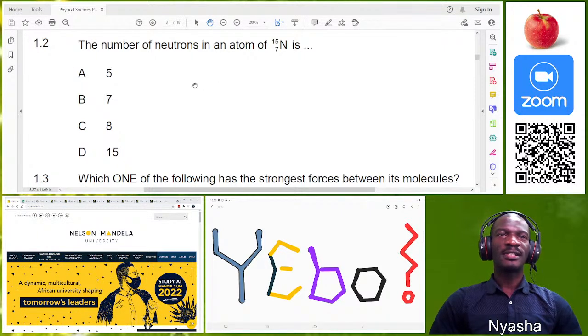In other words, we need to find the number of neutrons in this atom of nitrogen. I hope if there was someone around, they would answer this question about the nitrogen atom.